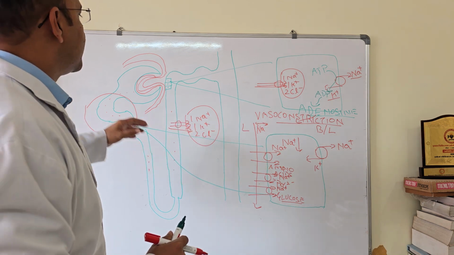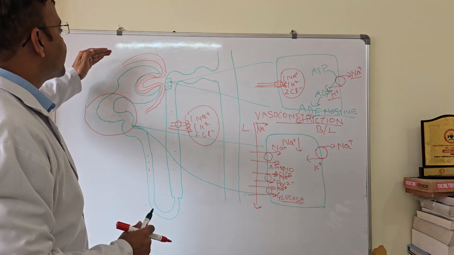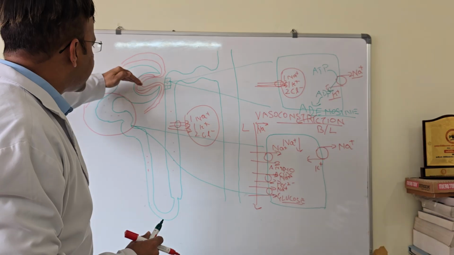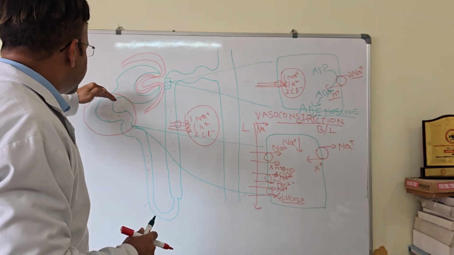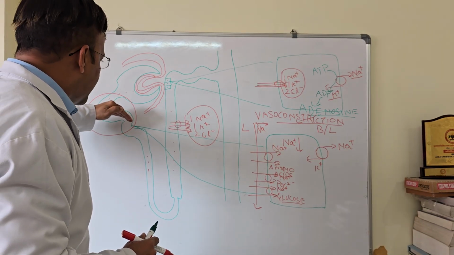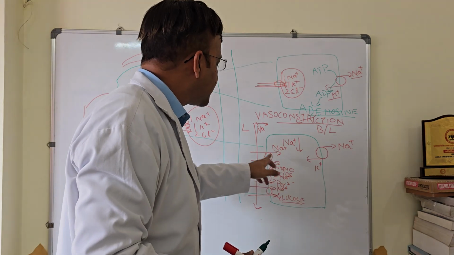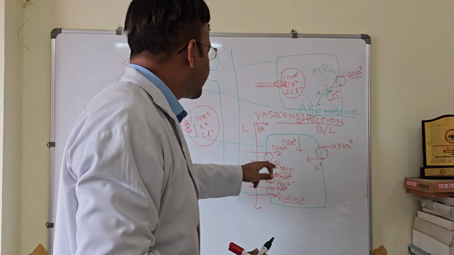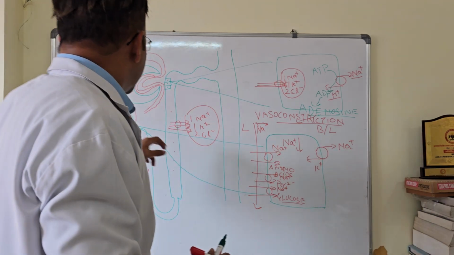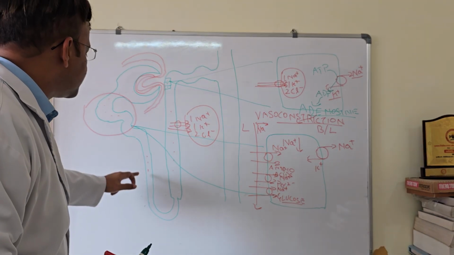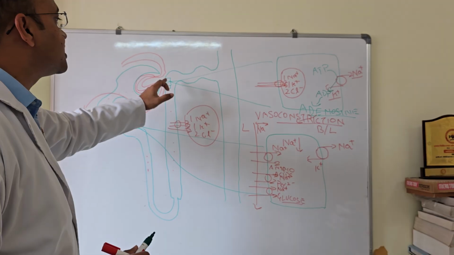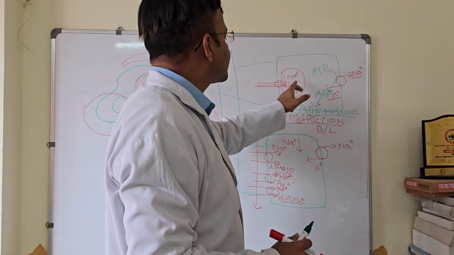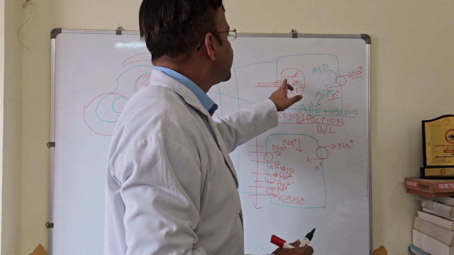Now suppose someone takes a lot more protein, then what are we going to see? This amino acid will take a lot more sodium along with it into the cell, right? If it takes a lot more sodium along with it into the cell, then you will have a lot less sodium reaching over here, a lot less sodium reaching inside this cell.